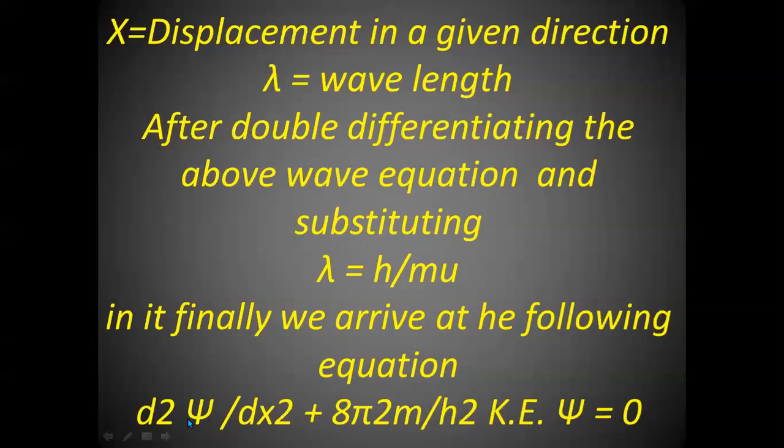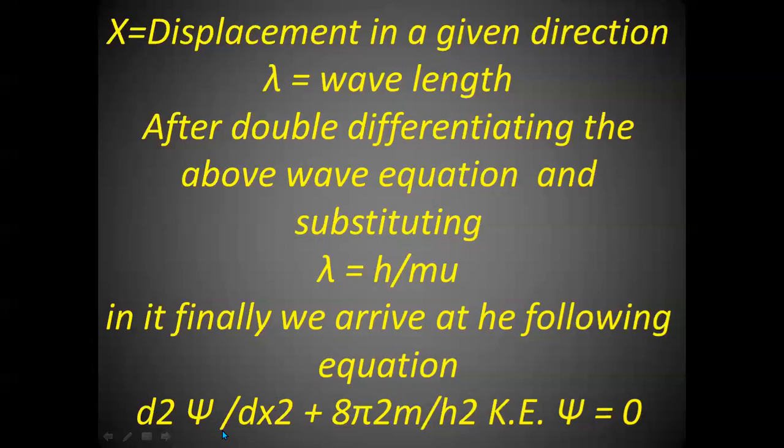How to read it? d square psi by dx square. Actually d by dx is used for differentiation, and because it is double differentiation, it is d square by dx square of psi.